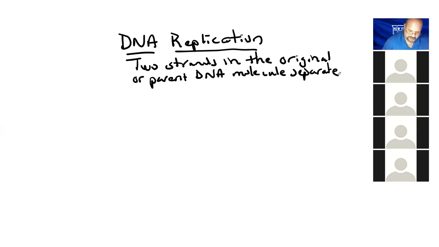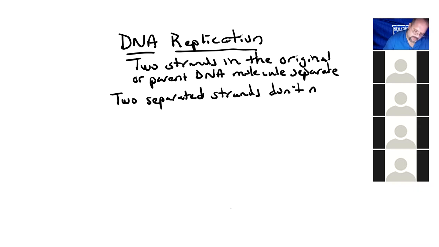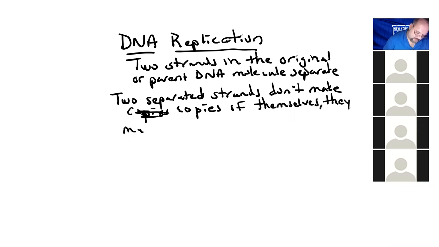But here's the key idea: the 2 separated strands don't make copies of themselves. They make copies of their complementary strand.